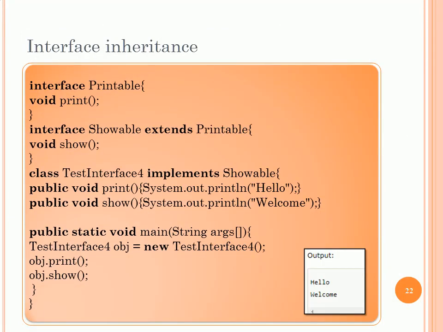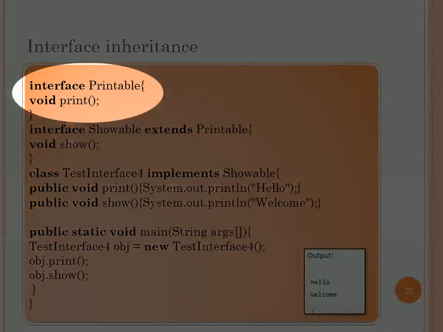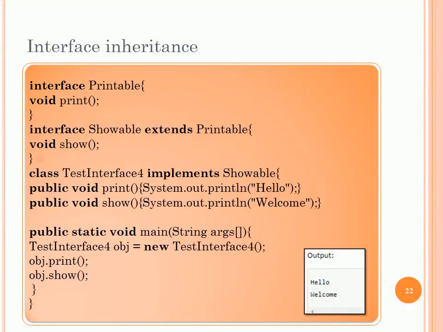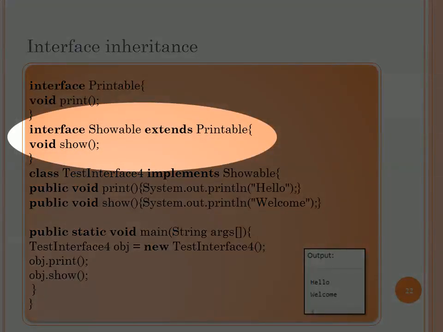Interface inheritance. In this example, we are creating an interface called printable, which has an abstract method called print. Then we are creating another interface called showable, but in this case, it inherits from the printable interface. We said an interface can inherit from another interface or more than one interface. In this example, we are showing only one inheritance. Now, interface showable has another abstract method called show.